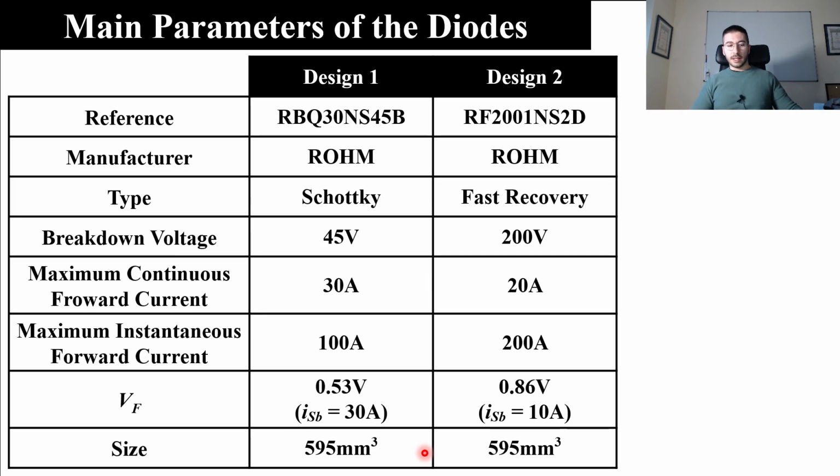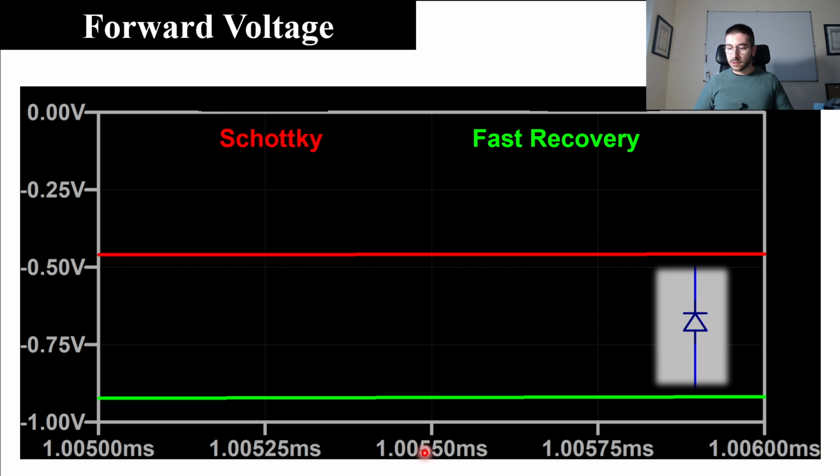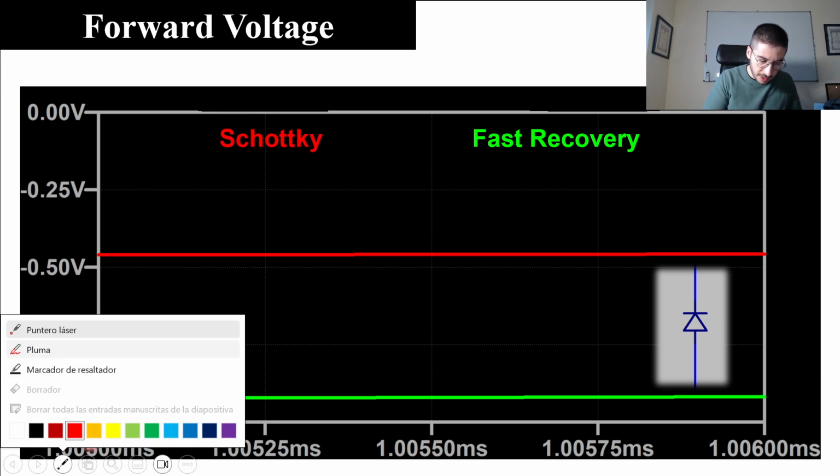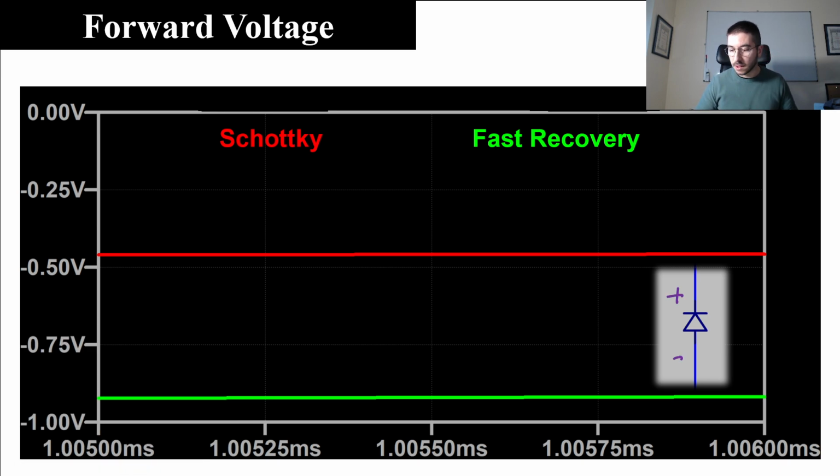Well, so let's evaluate some of these parameters in LTspice. Here we are evaluating the forward voltage drop across the diode. So basically we measure the voltage in this way, and what we want to do is to see what the forward voltage drop is when the device obviously is on.